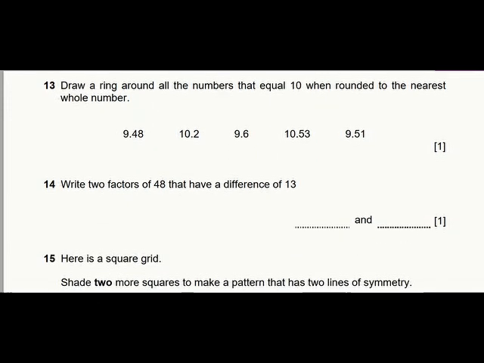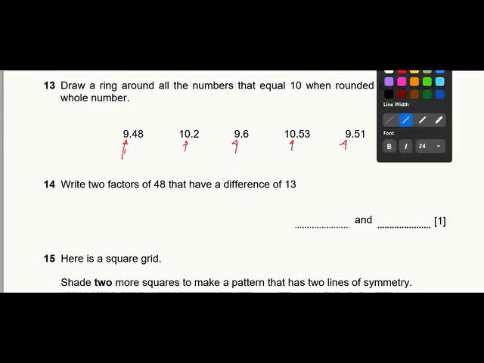Number 13. Draw a ring around all the numbers that equal 10 when rounded to the nearest whole number. Now, if you were rounding any of these numbers to the nearest whole number, the nearest whole number means right to the left of the decimal point.